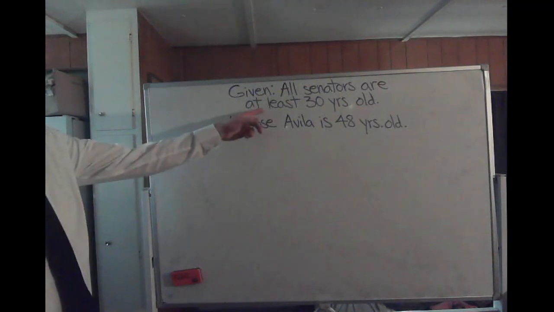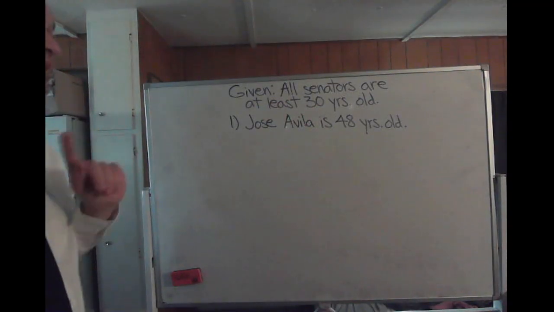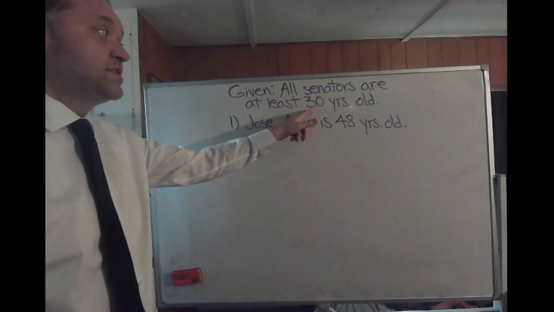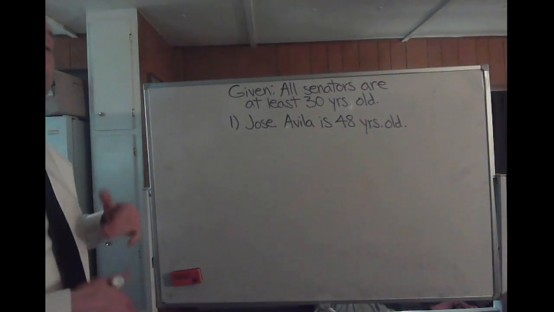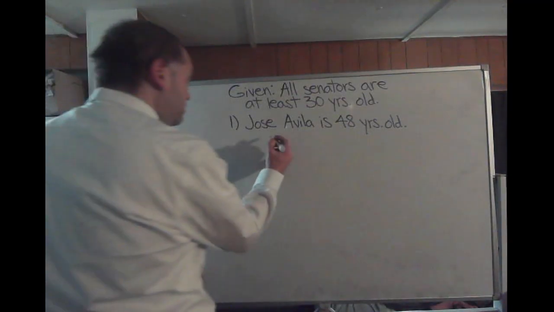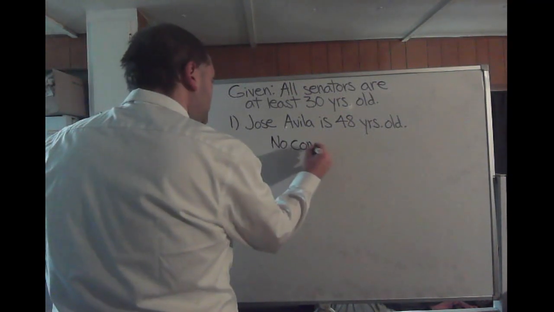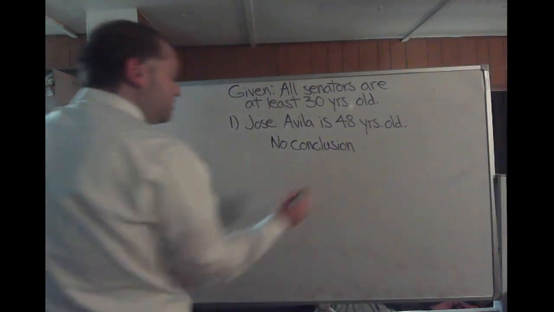What does the given information say? That all senators are at least 30 years old. But it doesn't say that everyone that is at least 30 years old is a senator. So Jose Avila very well could be a senator, but also may not be a senator. So we can't draw a conclusion on this one. Just because he's 48 years old does not make him a U.S. senator.